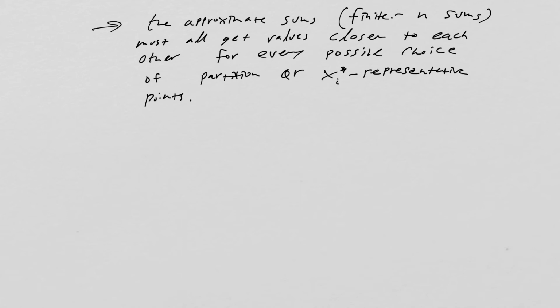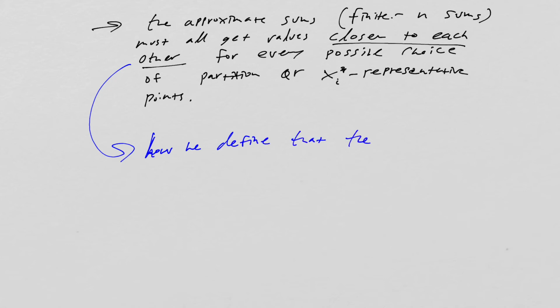And by we say closer to each other, we should highlight this is basically how we define that the Riemann sum limit exists. So again, I'll write down the integral from a to b of f of x dx.